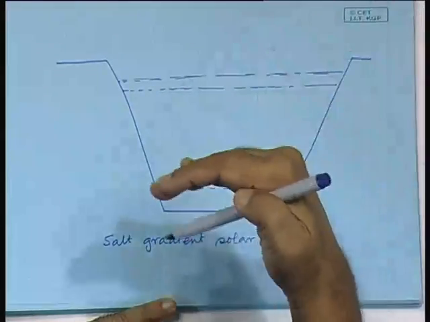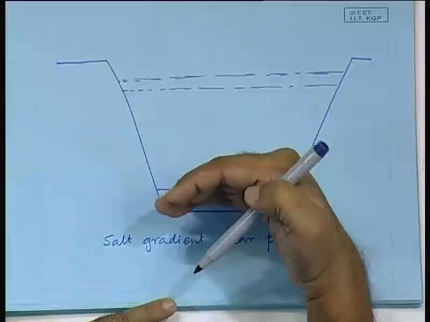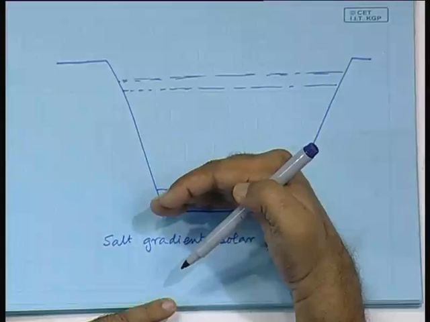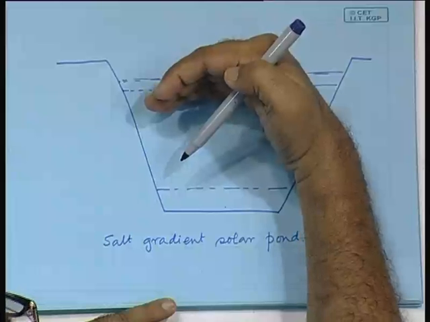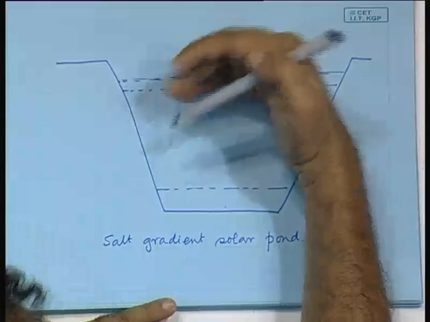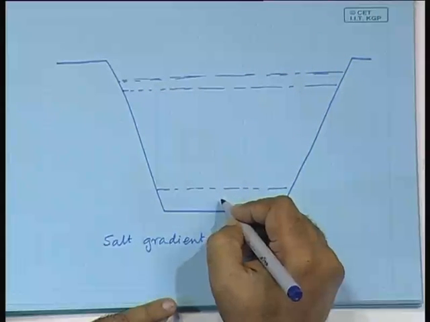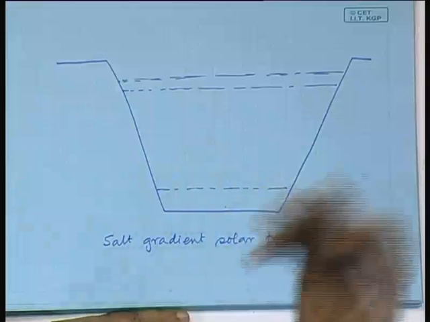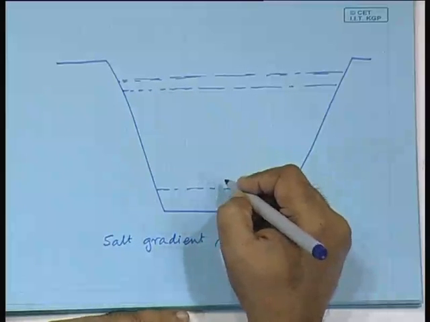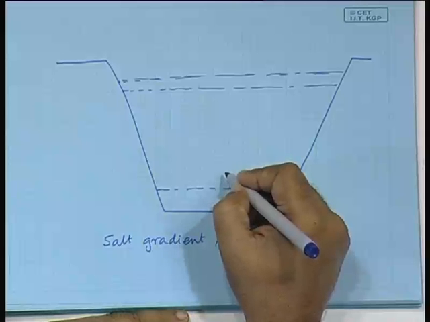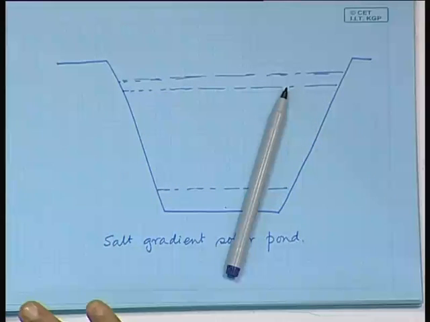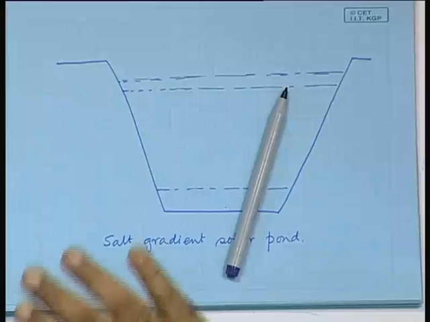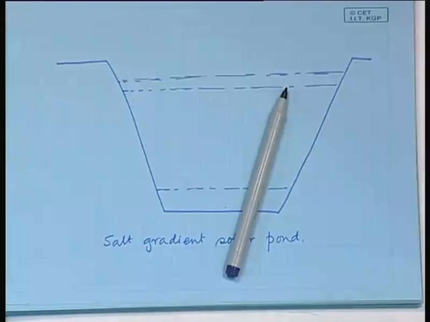You have to keep the gradient in such a way that the density is high at the bottom and low at the top. So much so that even due to the heating, the density at the bottom cannot become lower than the density at the immediate upper level. So there has to be a gradient, and the gradient has to be such that because of the heat the density gradient cannot be reversed. That is the point.